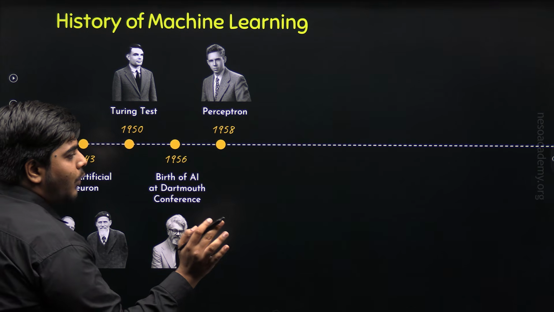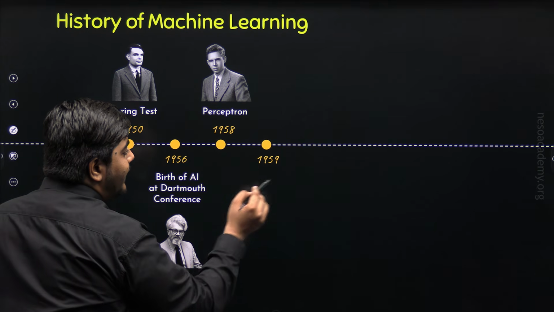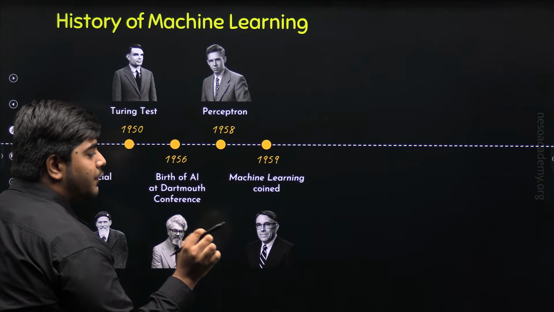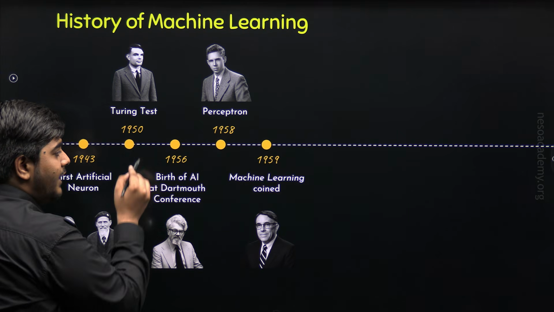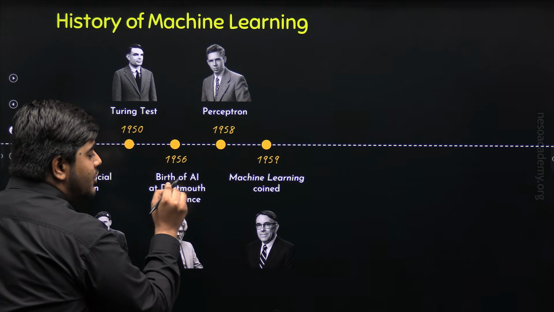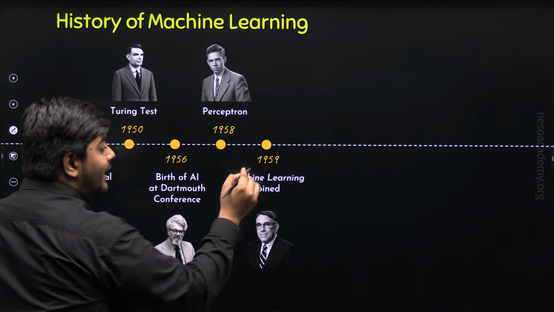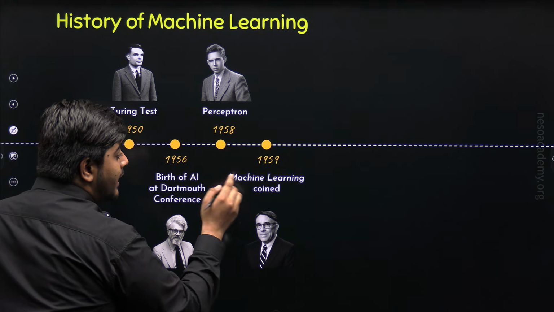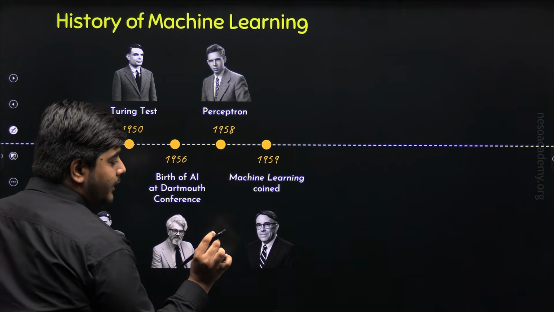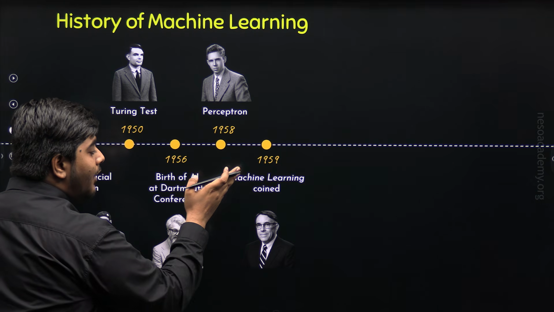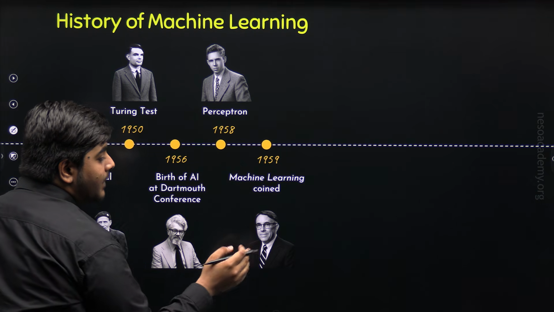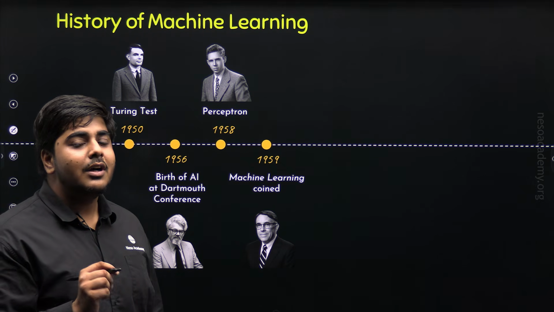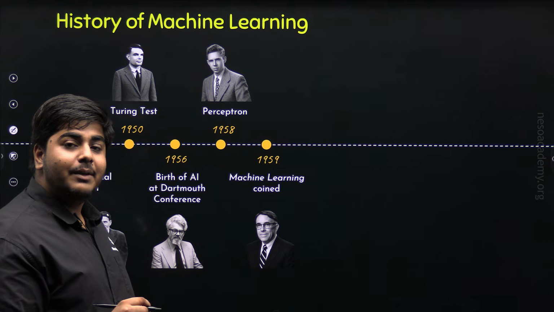Now, just after 1 year, that is 1959, the term machine learning was first coined. In 1956, the term artificial intelligence was coined, and in 1959, the subset of artificial intelligence, that is machine learning, was coined. And it was coined by this famous personality. And I hope you already know this gentleman. In the previous lecture, we have discussed about him.